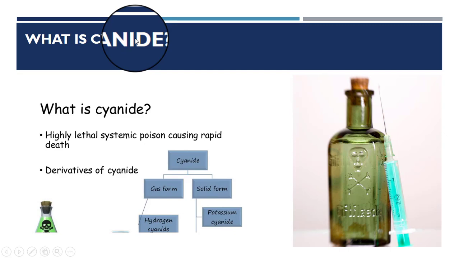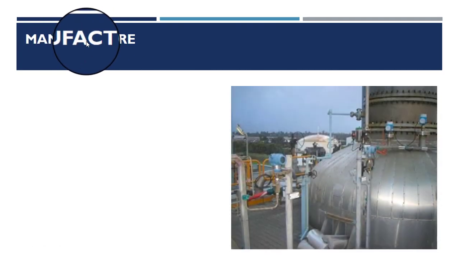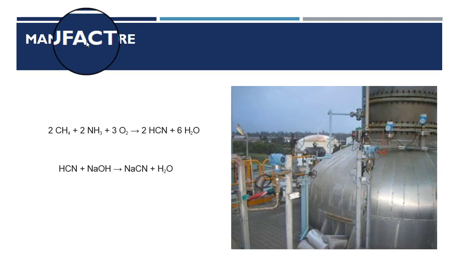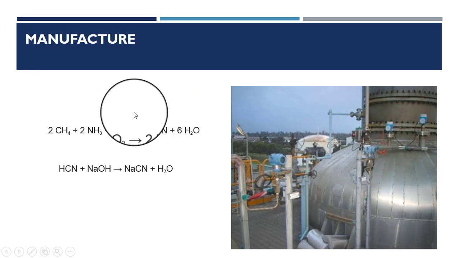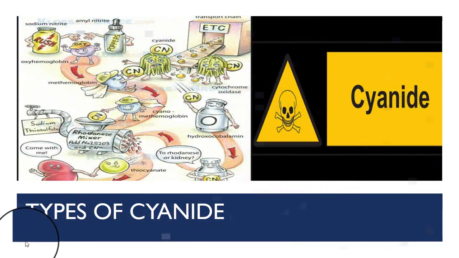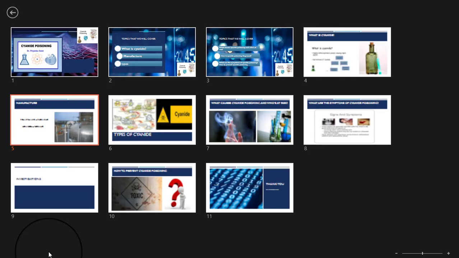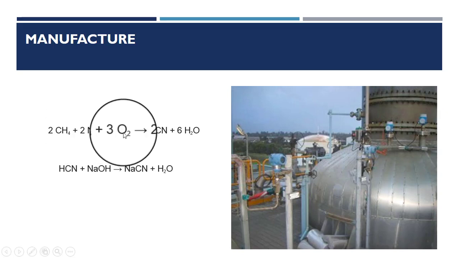Now next we'll discuss the manufacturing process of cyanide. So let's talk about how to manufacture cyanide. The principal process used for the manufacture of cyanides is the Andrussow process, in which, as you can see, the reaction I have provided on the screen, gaseous hydrogen cyanide is produced from ammonia in the presence of oxygen and a platinum catalyst.